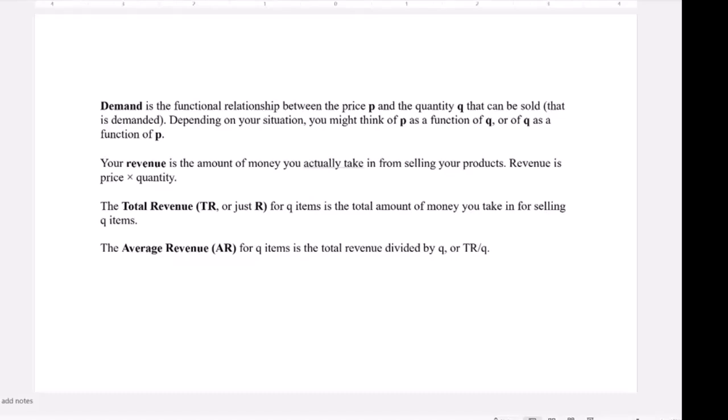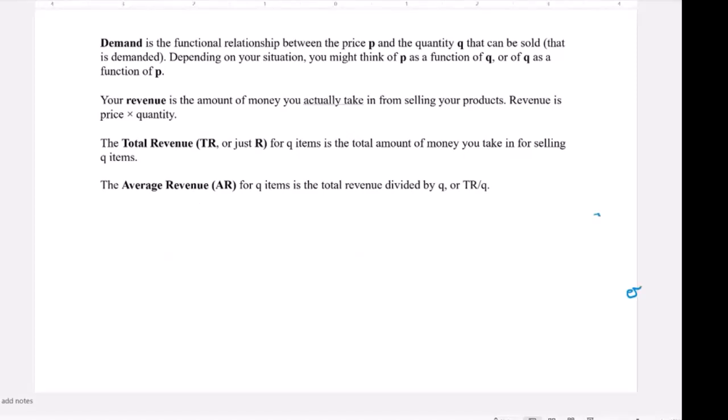You'd sell it out in a second. If you sold that same car for $500,000, maybe Q would be 0, because the car probably isn't worth $500,000. So it just depends on the situation. You might think of P as a function of Q, or you could say Q is a function of P. It really depends on what you're looking for.